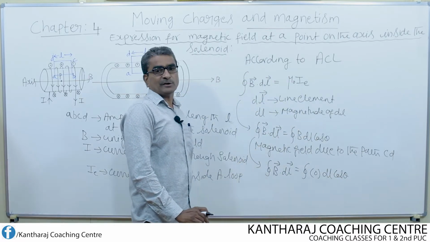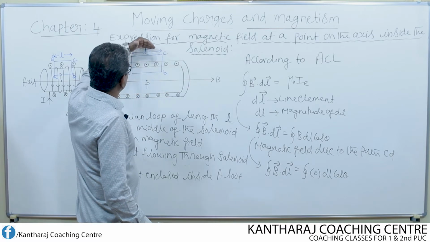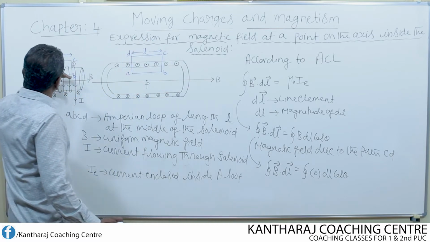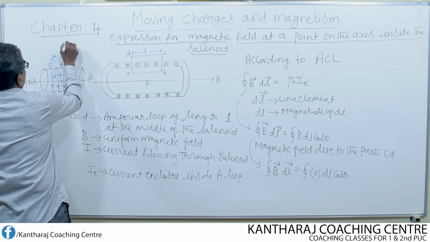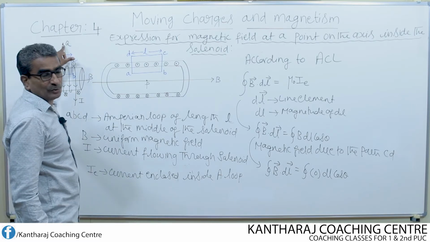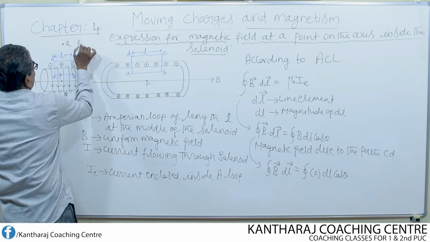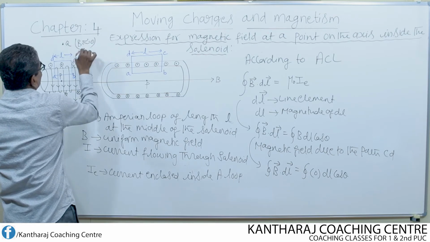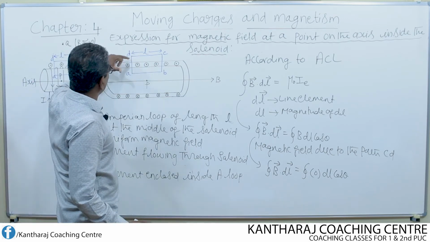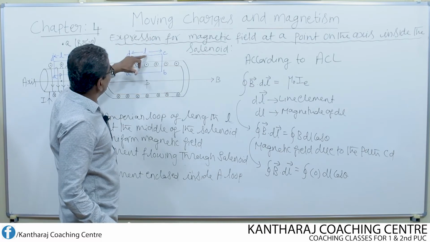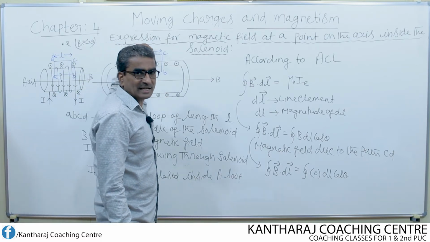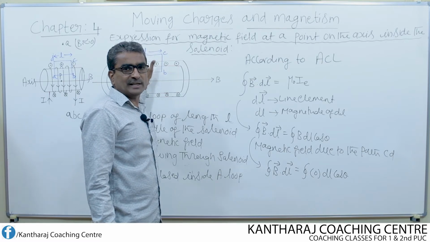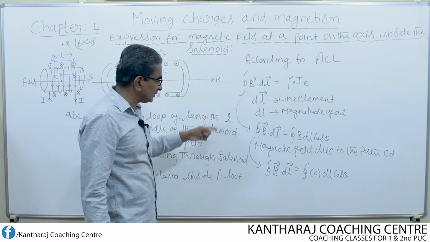B equal to 0 here, because outside the solenoid, we have shown that at some point, if we refer to the previous figure, we marked that point as Q, the magnetic field is almost nearly equal to 0. Since this path CD is outside the solenoid, the field outside the solenoid is very, very weak. It is not exactly equal to 0, but very, very weak. Therefore, we can approximate it as equal to 0.